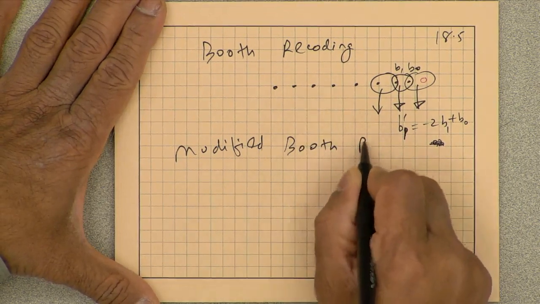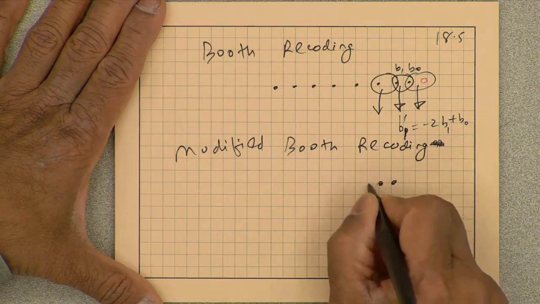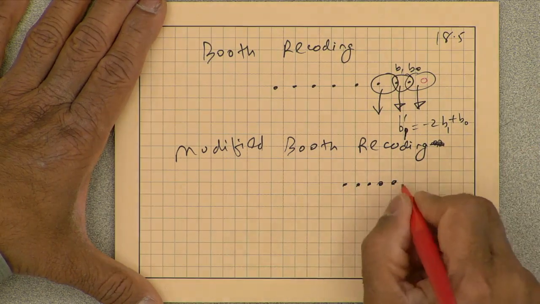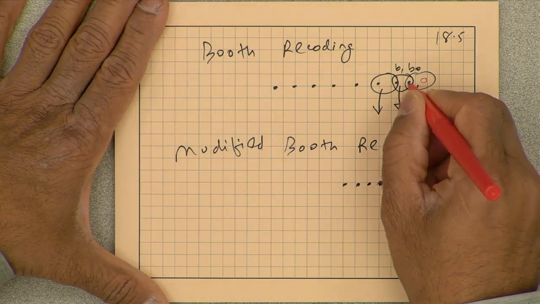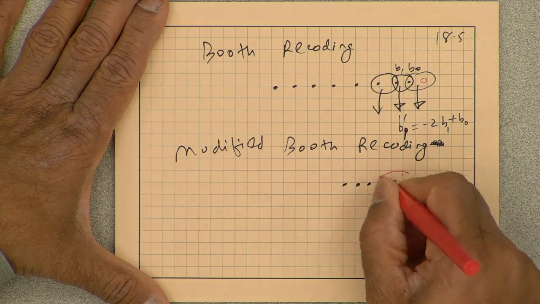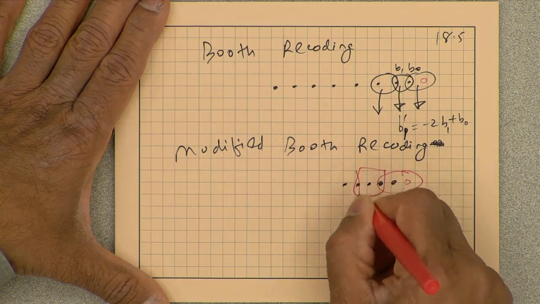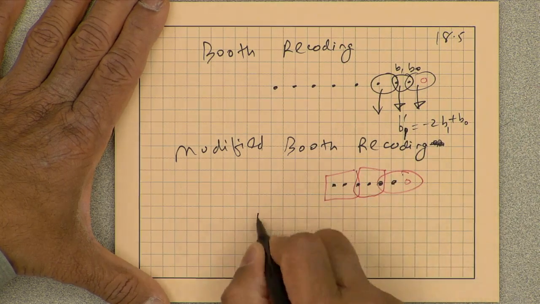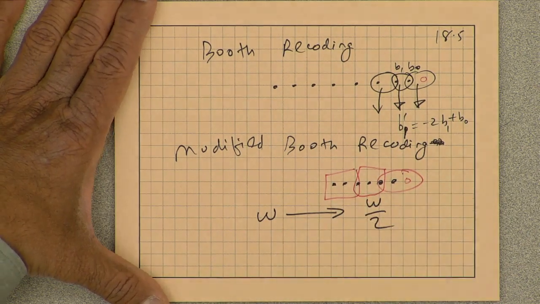The original Booth recoding was of no use, but the modified Booth recoding says we can append 0, but instead of grouping with 1 bit, group with 2 bits. So take this and group with 2 bits, and take this and group with 2 bits, and that's why the W rows are reduced to W by 2 rows.